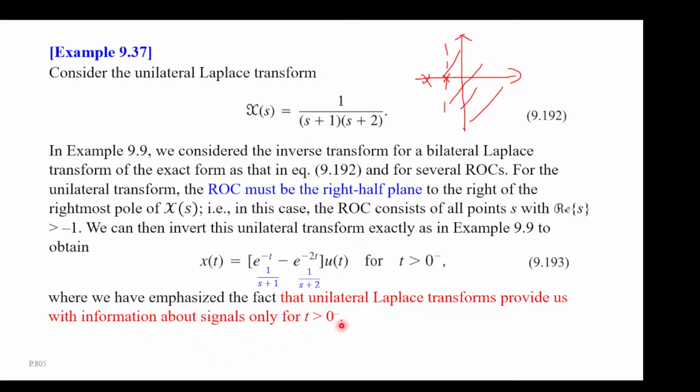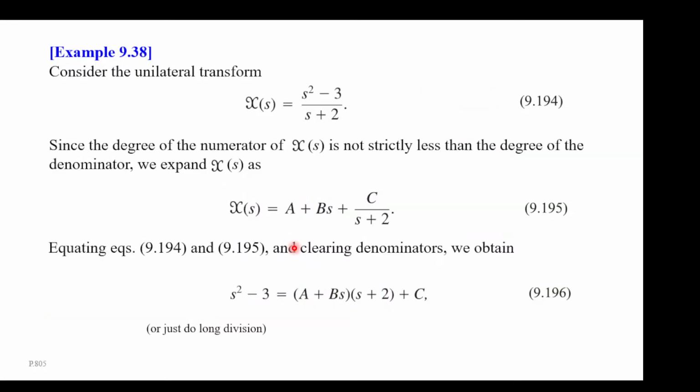So you see that we can invert the unilateral Laplace transform of a rational function just like for the bilateral Laplace transform, and here you always pick the ROC to the right side, so you always get this u of t part. Okay, and let's see the next example.